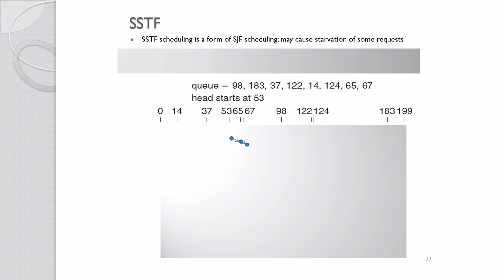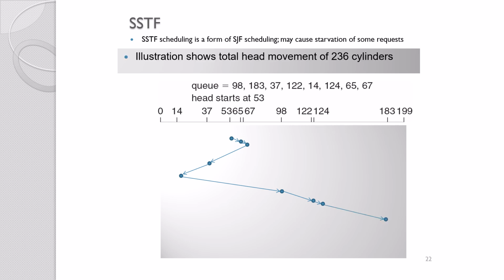So you go to 65, then 67, then 37, then 14, then 98, 122, 124, then over to 183. So the total head movement is going to be a lot less. However, it has the overhead of calculating where to go next.